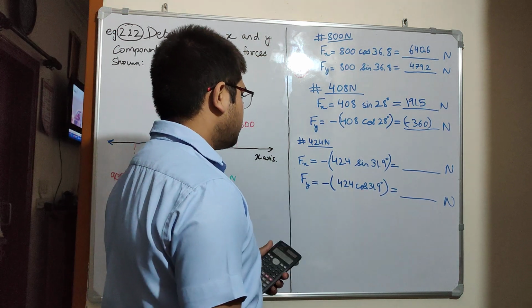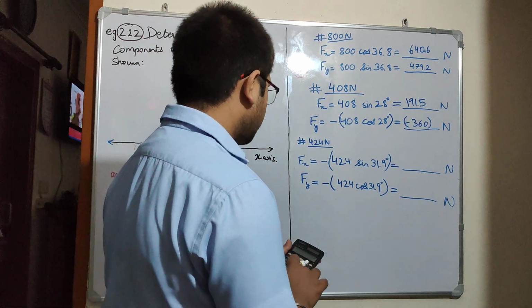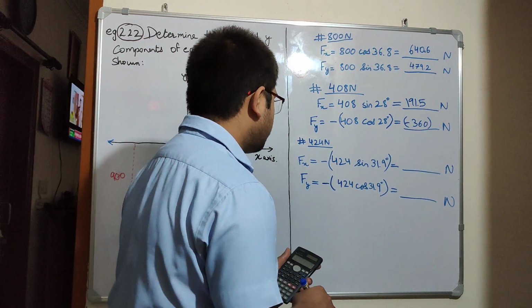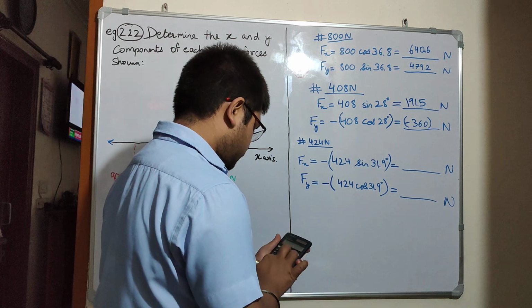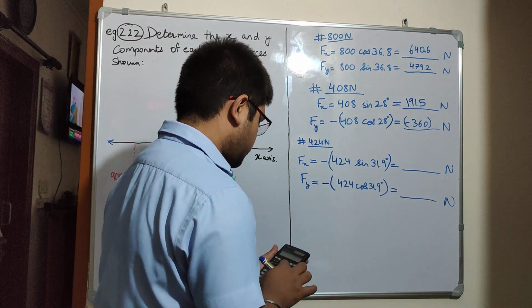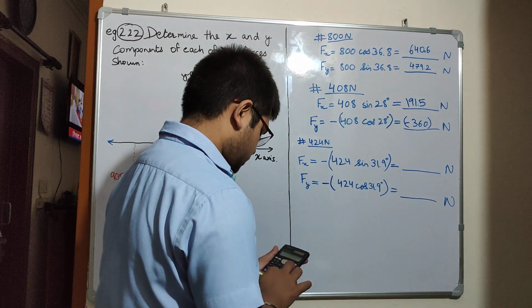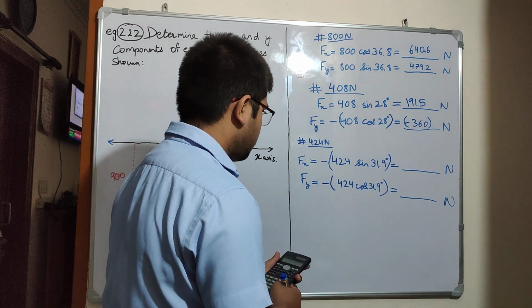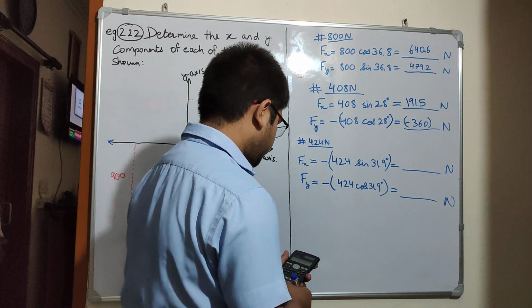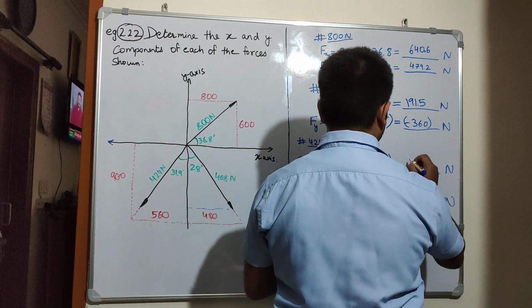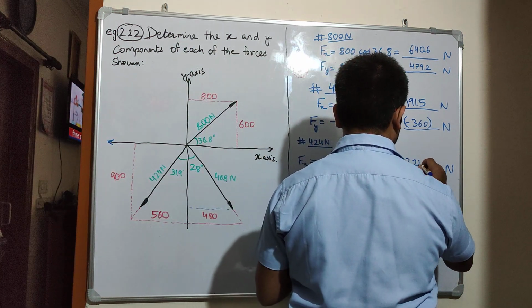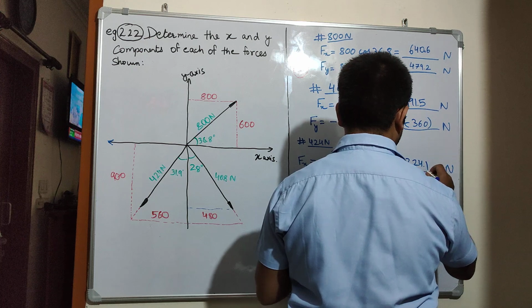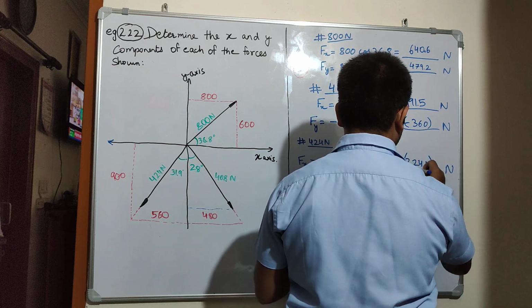Now we have Fx equal to 424 sine 31.9, which is 224.1 in the negative direction.